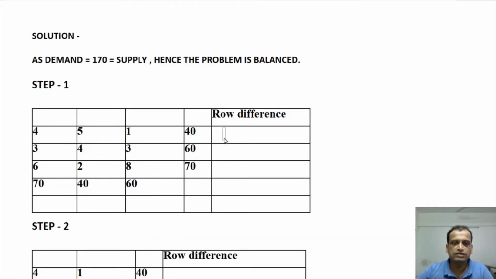Okay. So what is the row difference here? 4 minus 1, which is equal to 3.